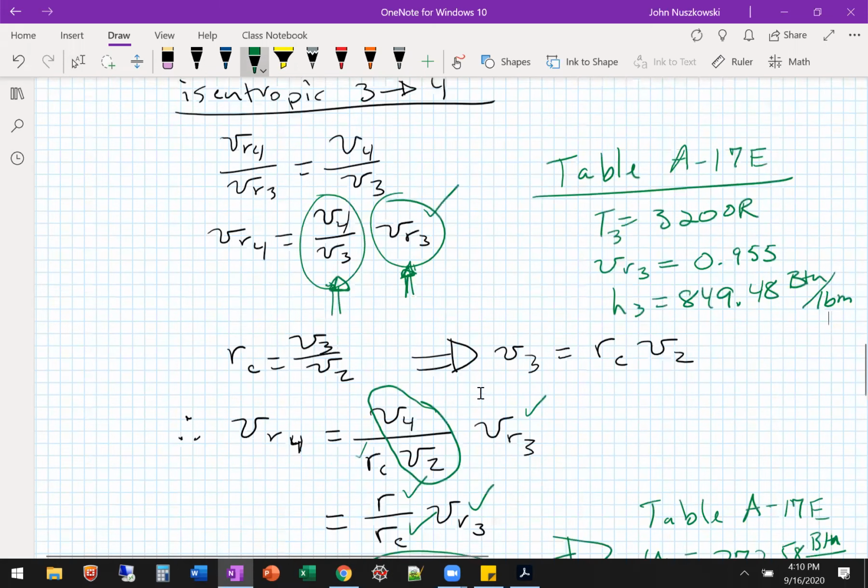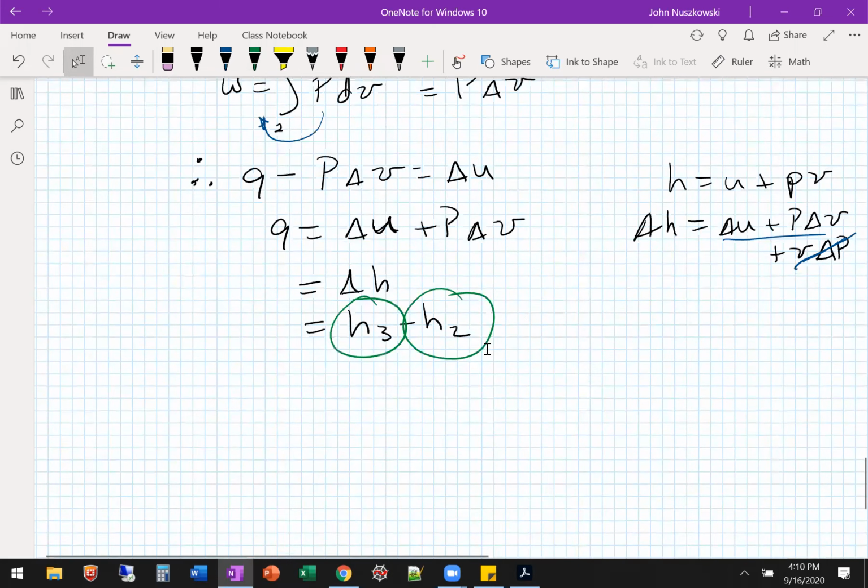All right, so we have H3 and H2. So we get then for our heat in, .9 BTUs per pound mass.